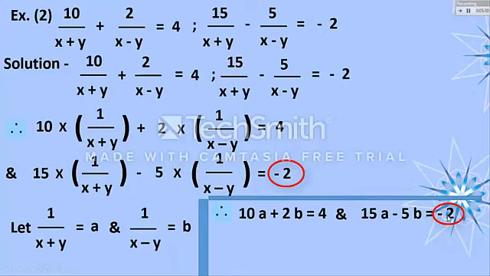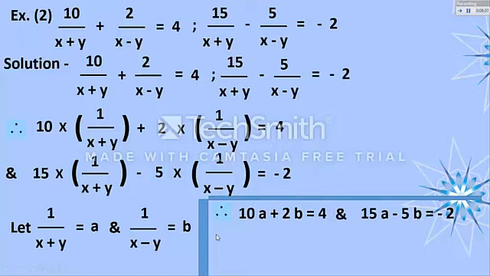In the second equation, we cannot find any common divisible number because 15, 5 and 2 are the numbers. But in the first equation, 2 divides every number.